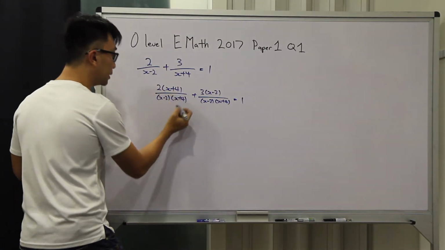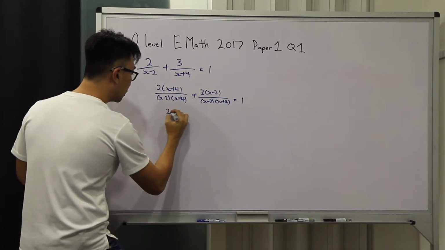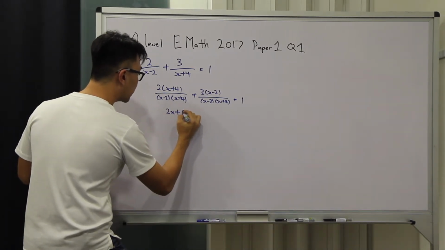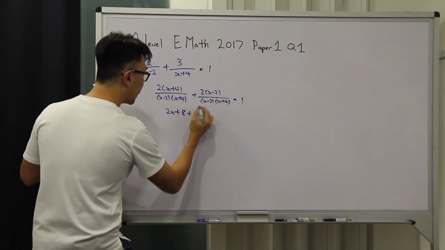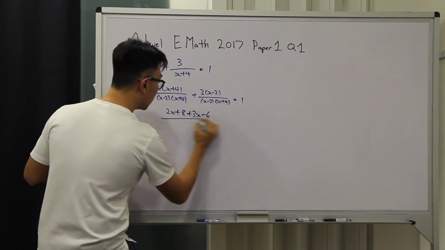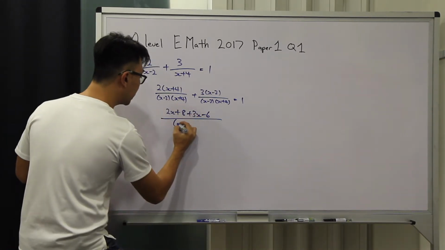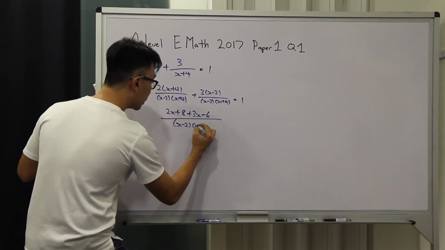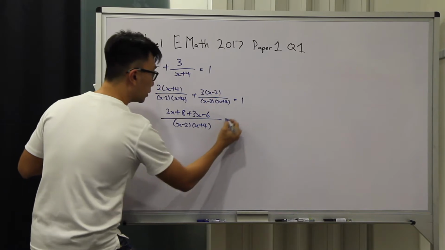So when we expand this, we have 2x plus 8 plus 3x minus 6 over the same denominator, x minus 2, x plus 4 equals to 1.